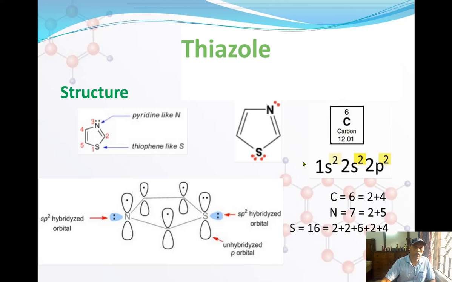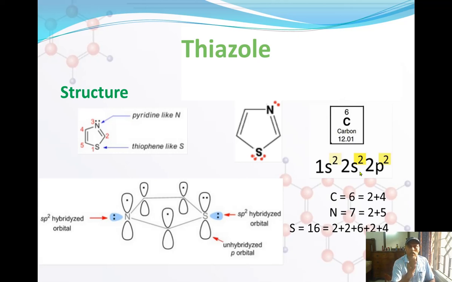When it is in the excited state, when it is going to form the bonds, in the excited state they get sp2 hybridized. In case of thiazole or other heterocyclic compounds, they get sp2 hybridized. So sp2 hybridization gives 3 hybrid orbitals, from one s and two p orbitals.